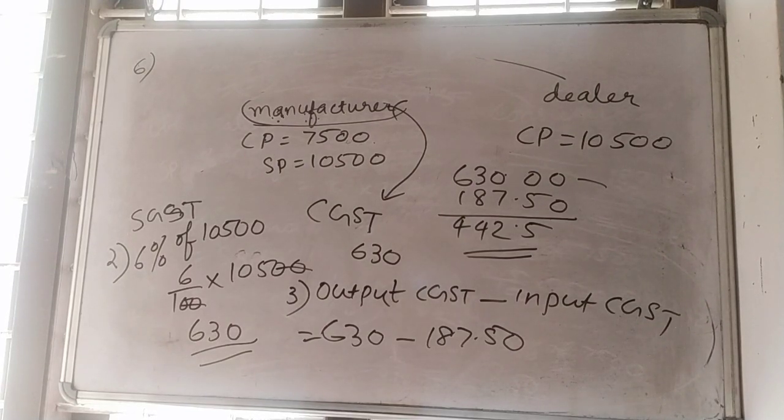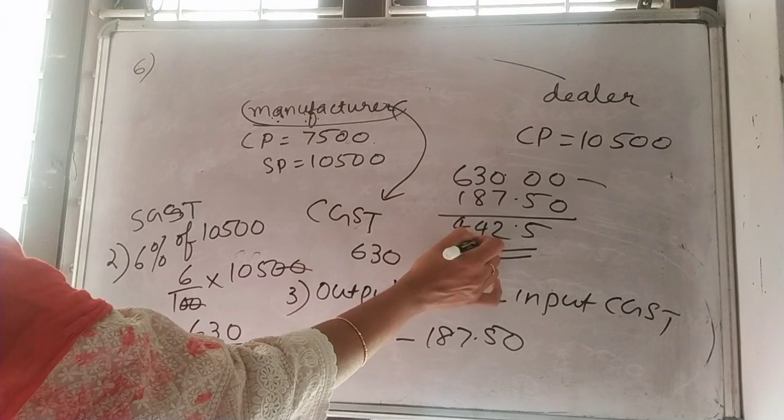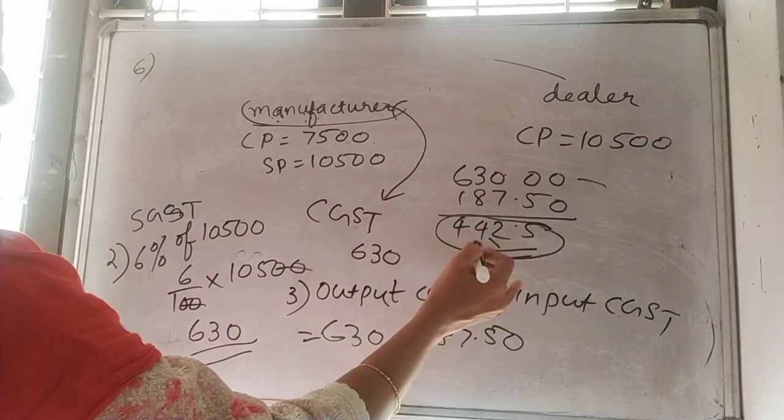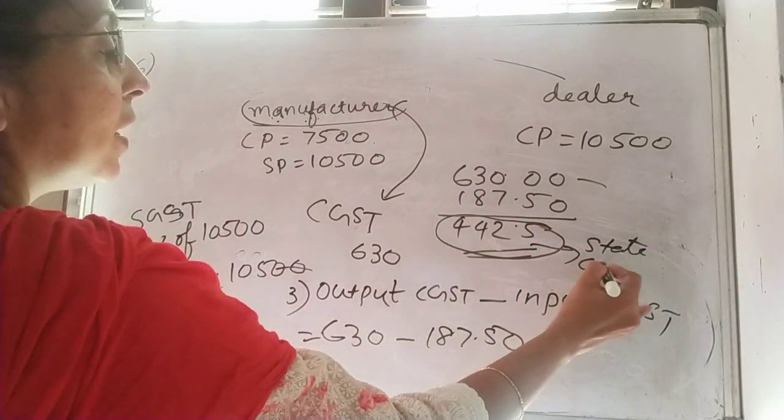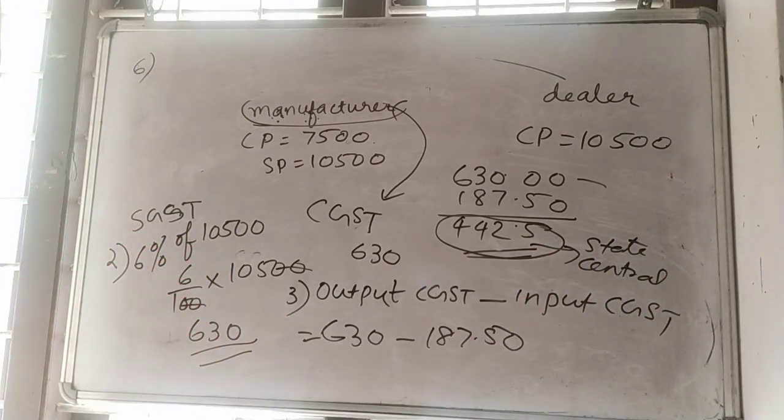So what will be the net tax paid by the manufacturer to the state government? That also we have to find out. Same as this, to the state government also it is 442.50.